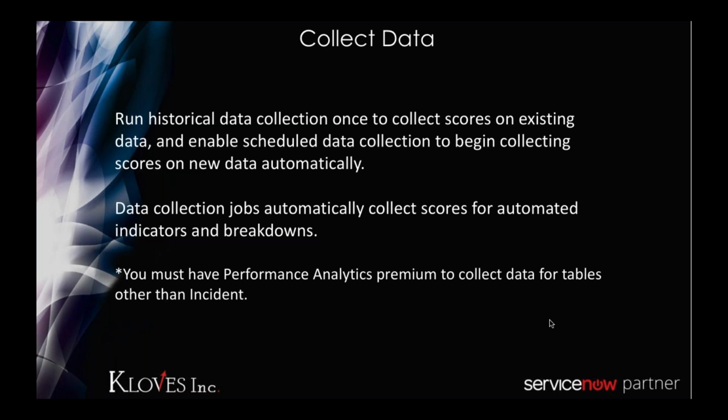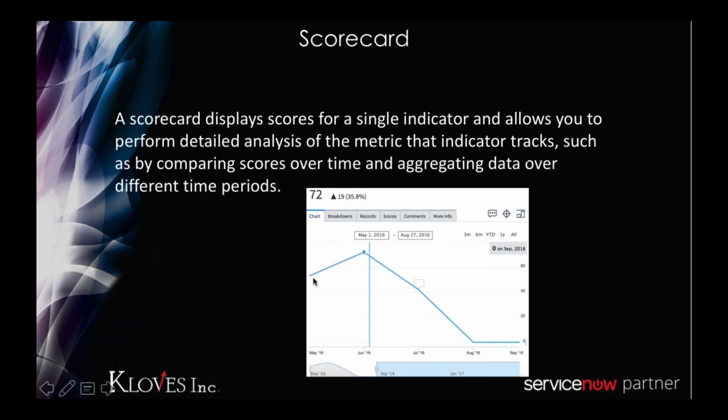You aren't able to create new indicators or breakdowns, and you are not able to collect data for any tables other than the incident table. And then we have our scorecards.